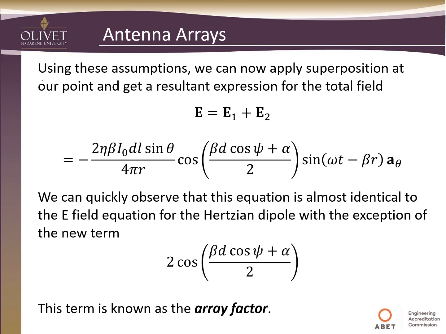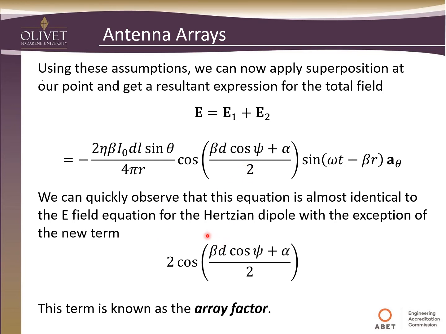So using these assumptions, we can now apply superposition at our point, and when we do, we get a resultant expression for the total field. So we should expect that E will be equal to E1 plus E2. So when we plug these values in and the assumptions that we made, this is the resultant equation we get for the field. So when we do this, we should be able to recognize that this equation is almost identical to the E field equation for just a single Hertzian dipole, with one major exception.